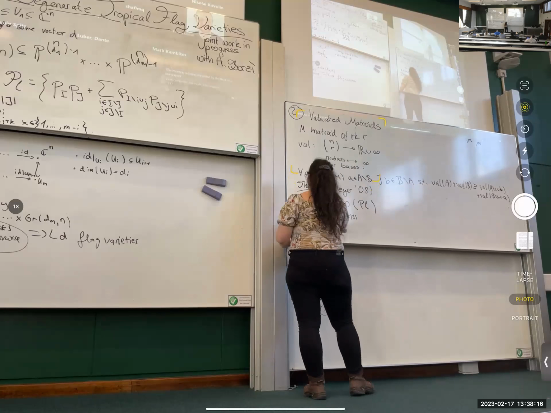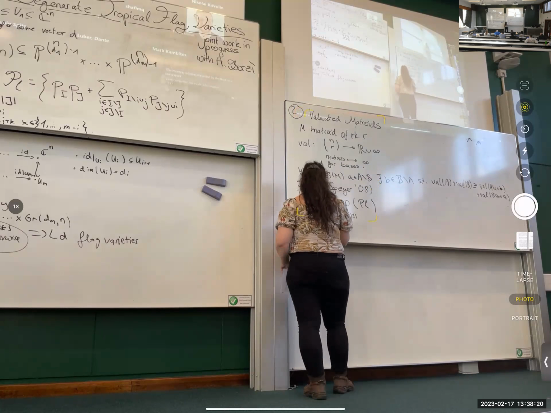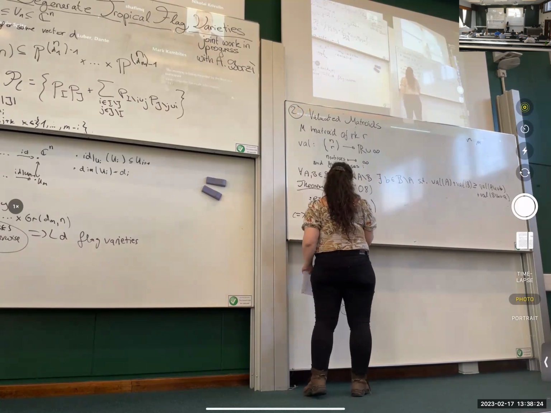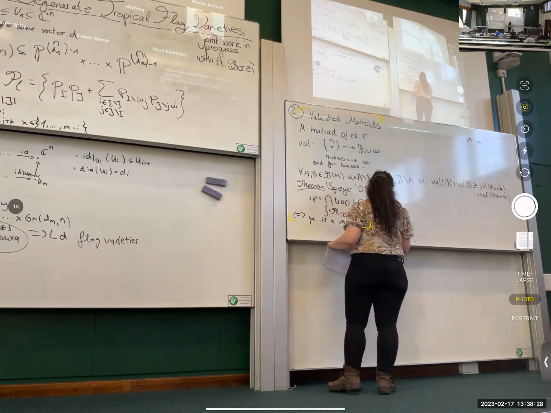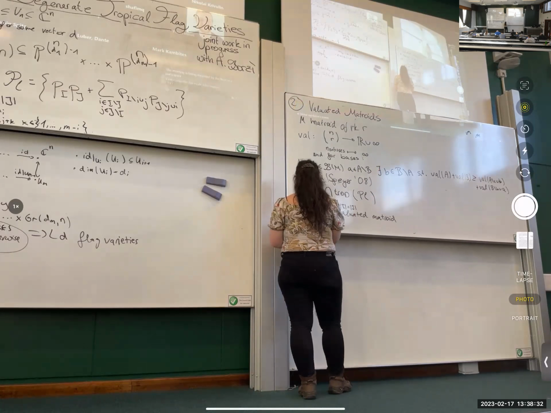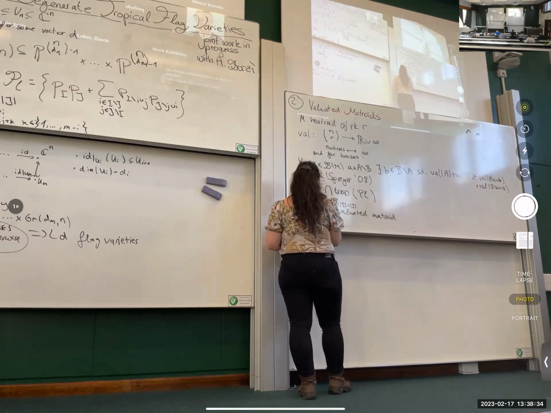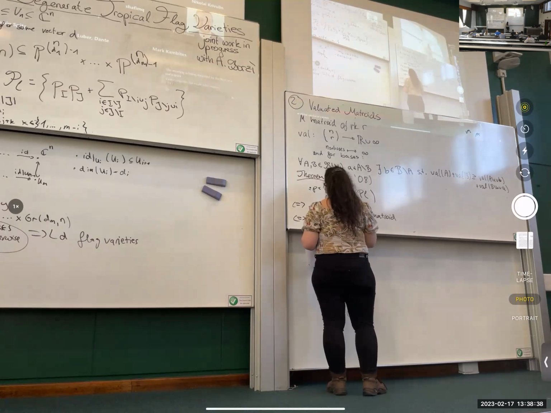But this is equivalent to being an evaluated matroid. And this is also equivalent to the tropicalization of mu being a tropical linear space.